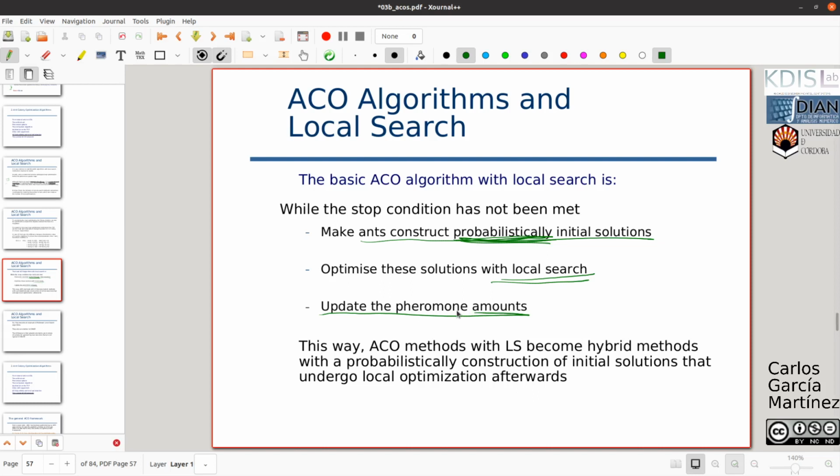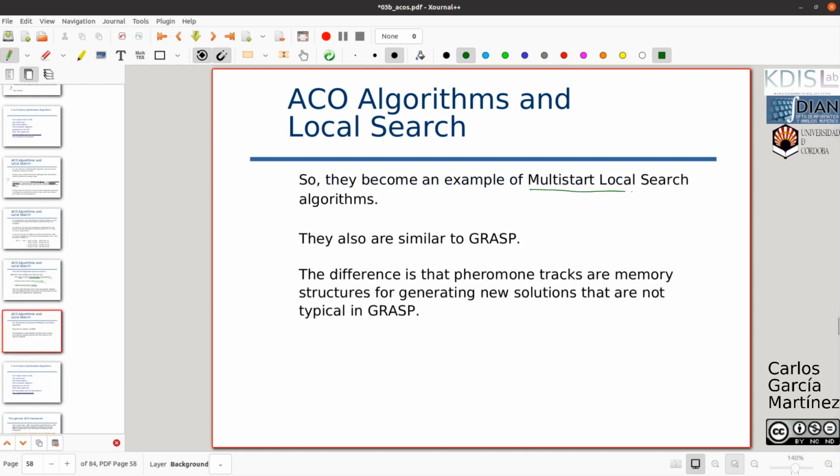But since you are using ants to generate initial solutions, and afterwards you are applying local search, then ant colony optimization algorithms are similar to multi-start local search algorithms, and in particular they can be similar to GRASP.